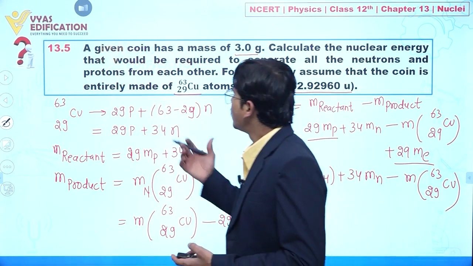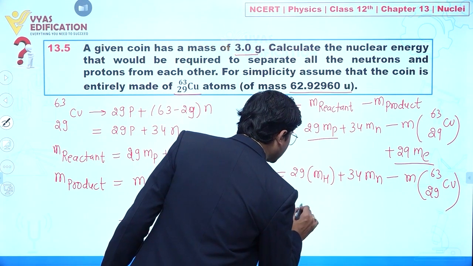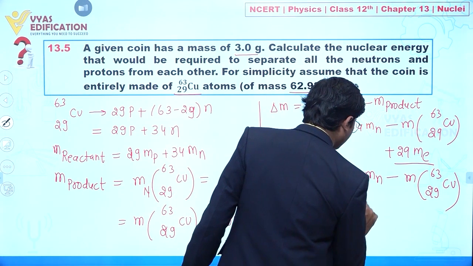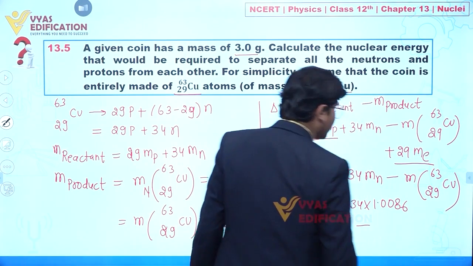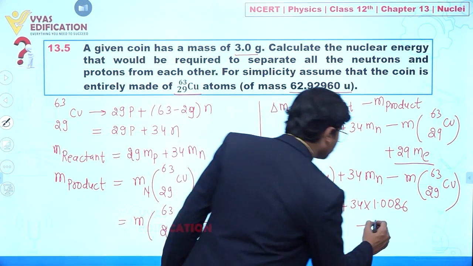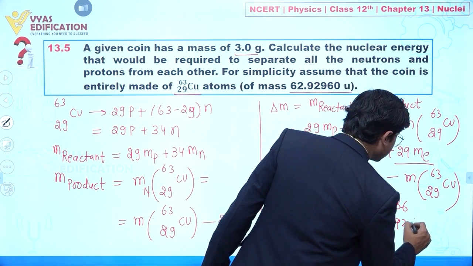So from this you can easily find the mass defect, but our objective is to find the binding energy. So first you can write all these values: 29 into 1.0078 plus 34 into 1.0086 minus the atomic mass of this copper, which is provided to you, 62.9260.